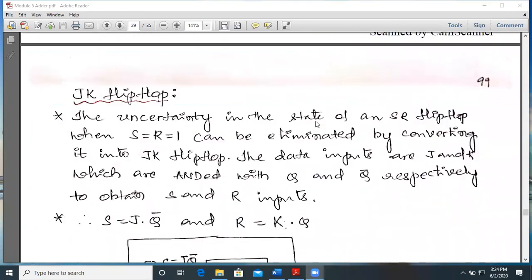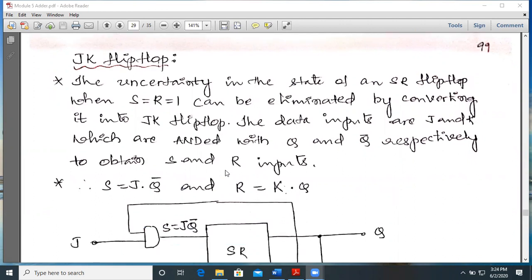Now let us move on to the next flip-flop, which is called the JK flip-flop. Why we are going for this JK flip-flop is that just now we saw that for SR flip-flop, we are not getting any output for S equal to R equal to 1. So for SR flip-flop, we are not getting that particular state.